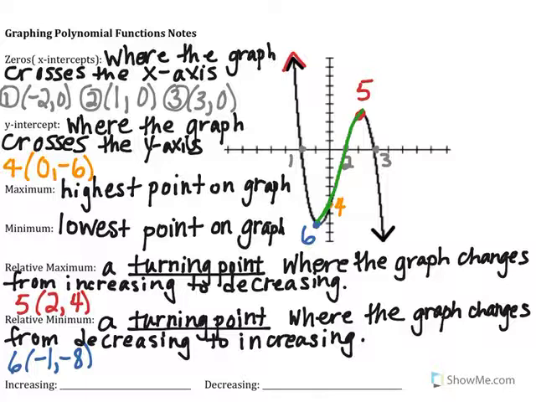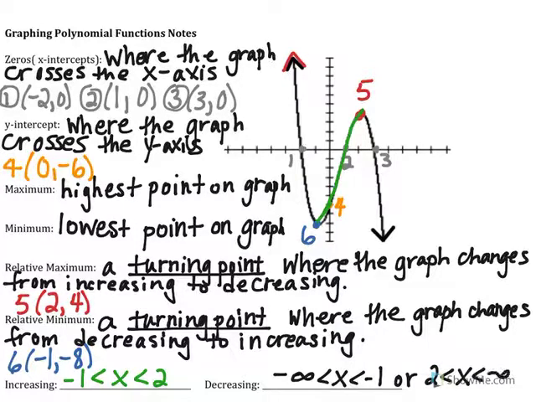So it's increasing from -1 to 2. Remember, you just do less than signs. And then it's decreasing. I'm not going to do colors for this one, but it's decreasing from -infinity to -1, or 2 to infinity, because there's 2 spots where that's happening.